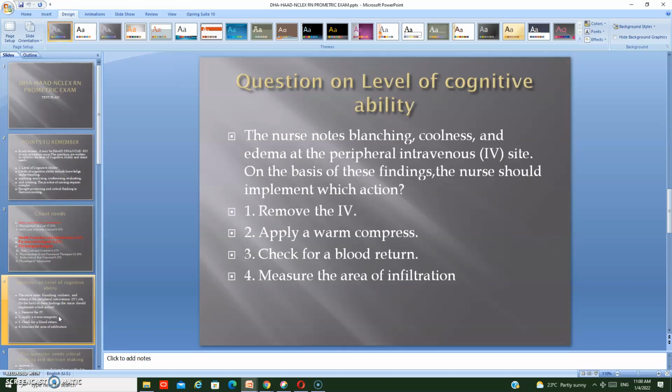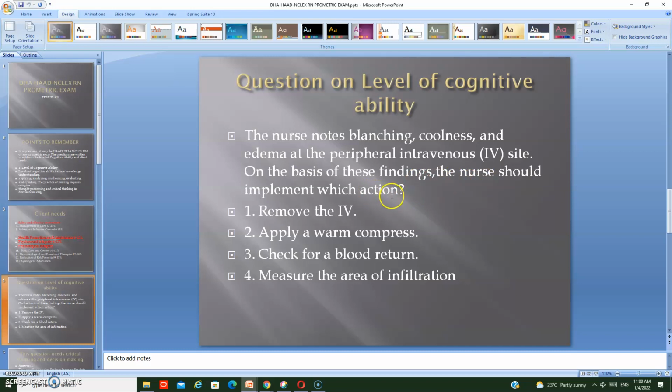Abnormal, right? So the nurse should implement which action? Here nursing action comes. Read the question properly. You must know the subject. You have all the symptoms here: blanching, coolness, edema, at the peripheral IV site. Based on these findings, which action should the nurse implement?